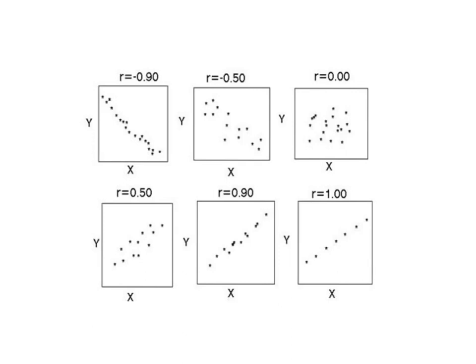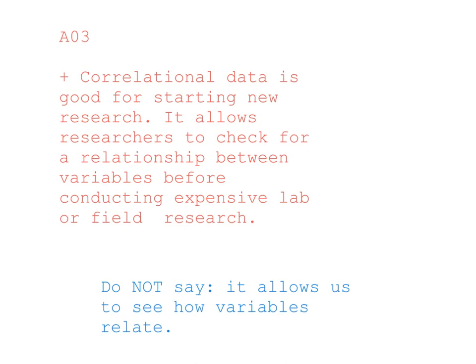Okay, now let's go on to AO3 points, and these are the major mark losers. So let's not make these mistakes. Here we go. If you're going to give a positive AO3 point for correlational data, please use something along these lines. This is the only reasonable, good thing to say about correlational data. And it goes like this.